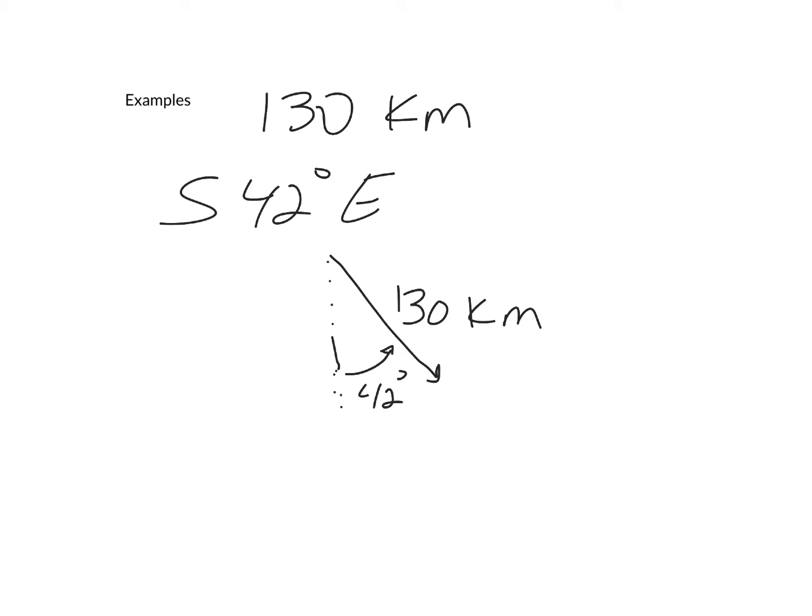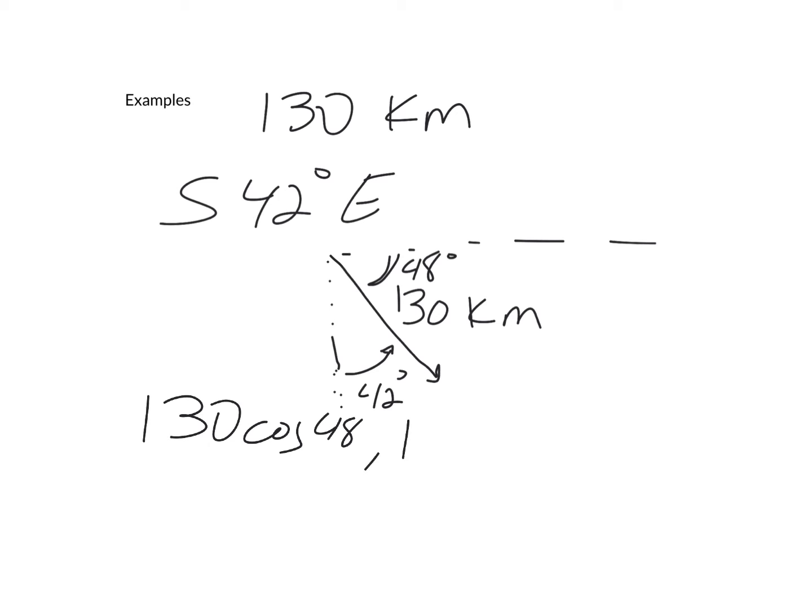From here, there are a couple of different ways you can look at this. If we're looking at it from the x-axis, it's actually 48 degrees, right? So my magnitude is 130, that's how far we traveled. So it's going to be 130 cosine of 48, comma, 130 sine of 48.